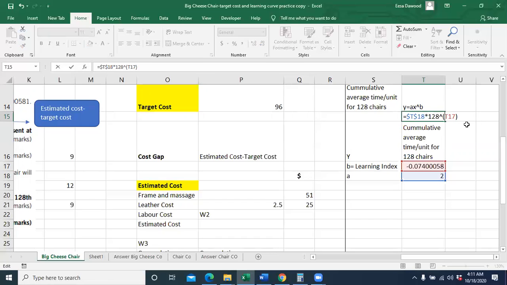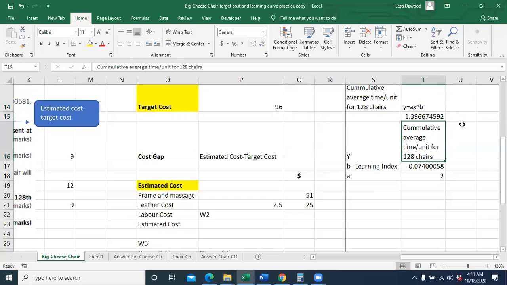Okay, and again, this is also fixed because every time this is not changing. What I am keeping relative is basically the number of batches. The number of batches are changing, but this A and B is fixed, so I could fix it by making it absolute. Just insert the dollar sign before the alphabet as well as before the number. So this is the cumulative time for 128 batches.